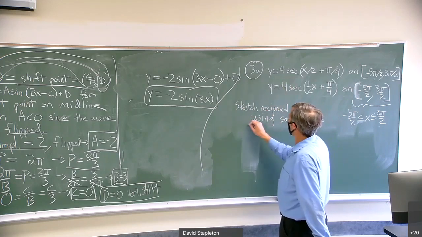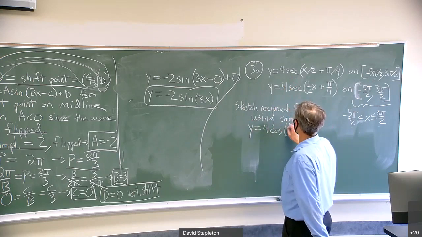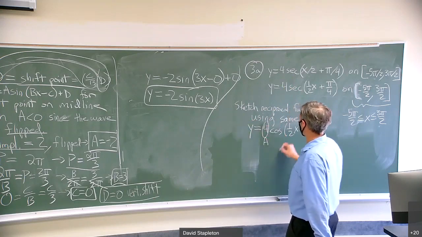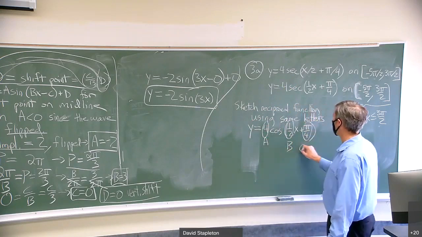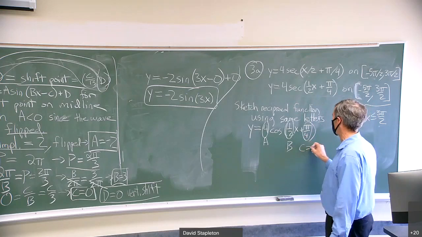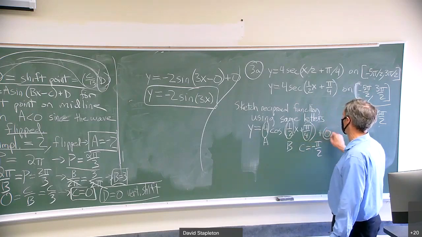I say y equals 4 cosine of 1/2 x plus pi over 4 is the reciprocal function. This must be A that multiplies the cosine. This must be B that multiplies x. C must be minus pi over 4 because C is what's subtracted in here. And there's nothing added on the end, so I put plus 0 and call that D.